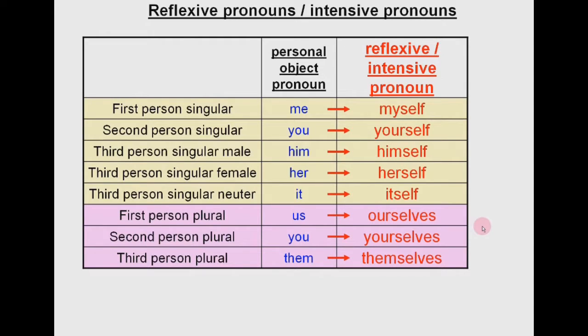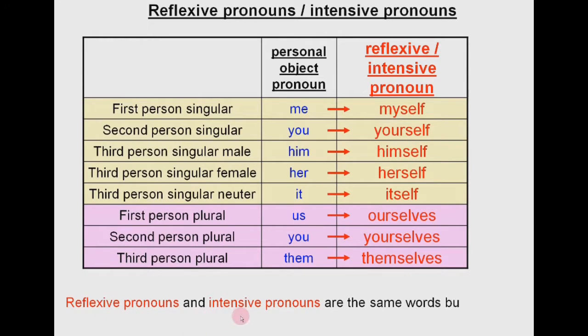Okay? Now, so the reflexive pronouns and intensive pronouns, they are the same 8 words, but they are different, and the use of them is very different, and we will see that in this lesson. So first, let's look at the reflexive pronouns.